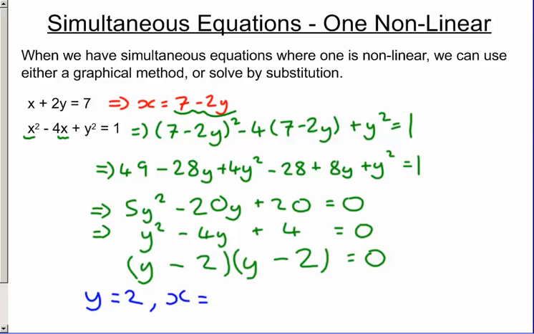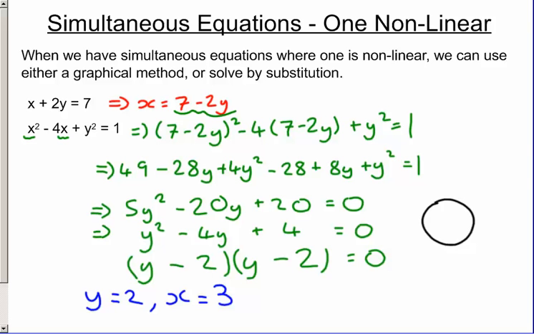Now you notice for this one we only have one solution, not two solutions. Now the reason for that is if we think about the graph, we can see why. If we have a curve, in this case the curve is a circle, then there are three things.